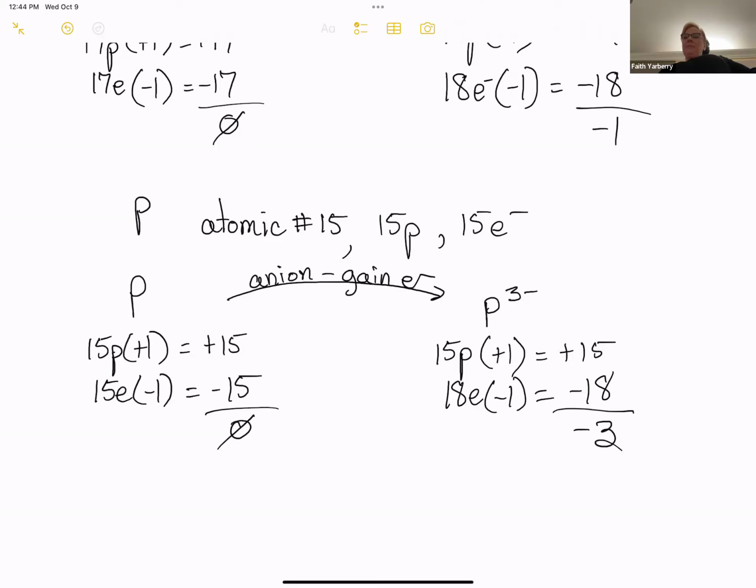I use the term group. A group is a column. I use the term period, which is a row. I use the term alkali metals, which specifically focuses on group 1 metals.